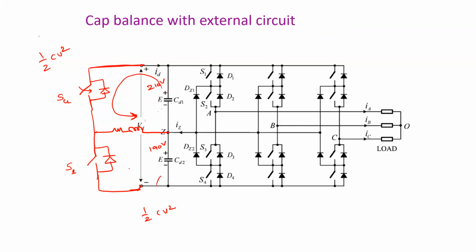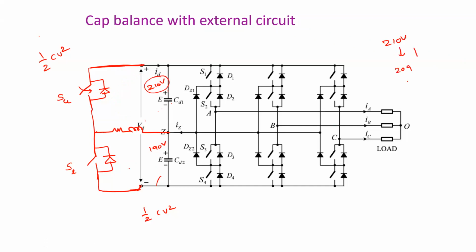So how long do you need to turn on this switch? Until this voltage, which is now 210 volts, reaches the required value. With the switch on, the energy is transferred to this inductor, so this capacitor voltage is reducing.